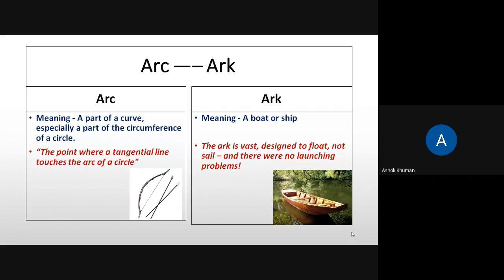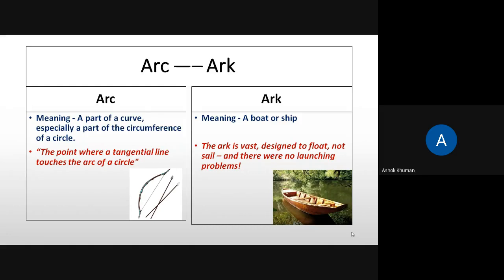And a small boat or a ship is also called an ark, but you have K in the spelling, please. The ark is a vessel designed to float, not sail. Now see, here you have a difference, float and sail. Sailing is for a long journey in the sea, sailor, and there were no launching problems.